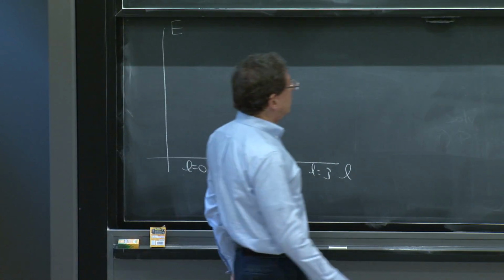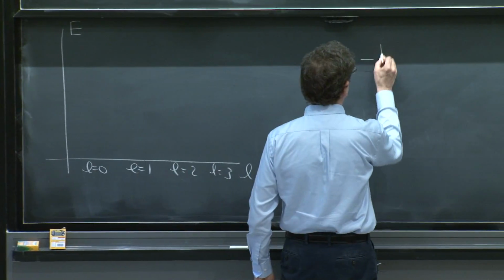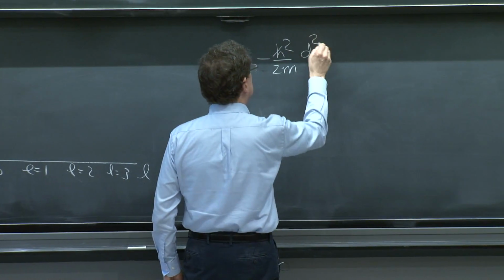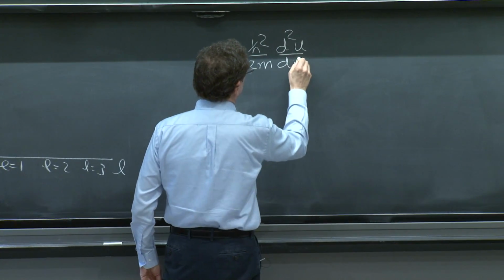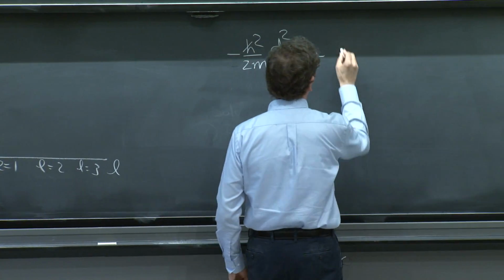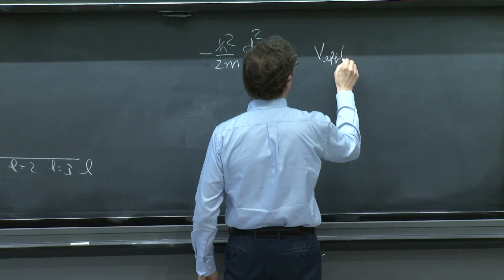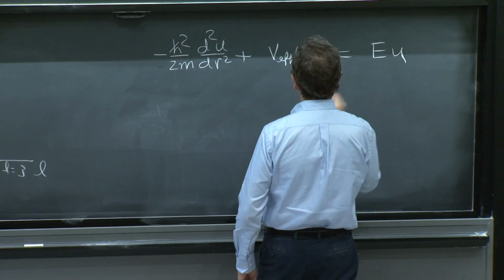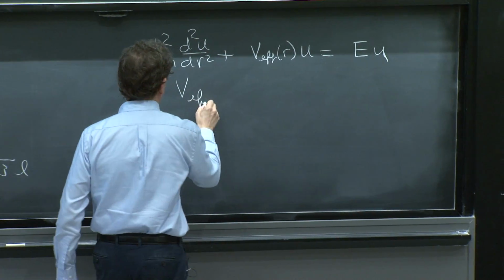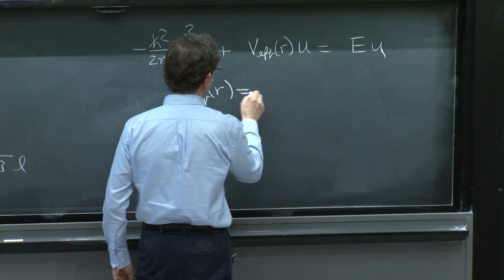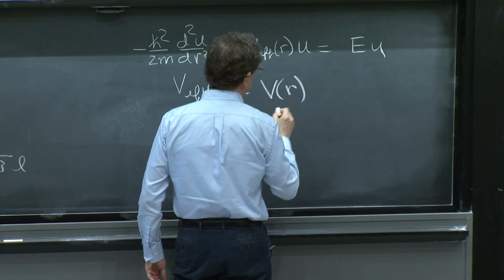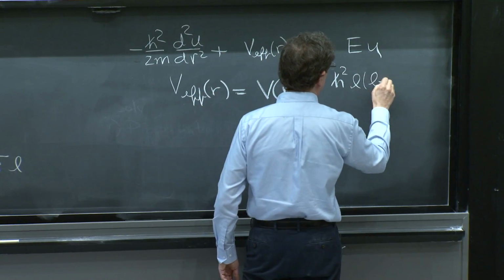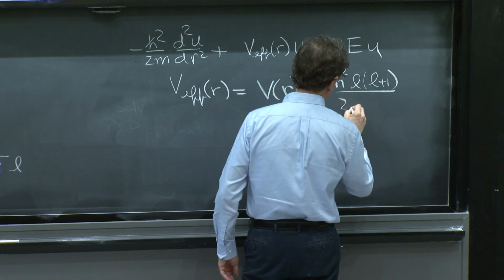Remember, the radial equation is a Schrödinger equation: minus h bar squared over 2m d second u dr squared plus V effective of r u equals E u, and V effective of r is the V of r that your system had plus a contribution from angular momentum, over 2m.